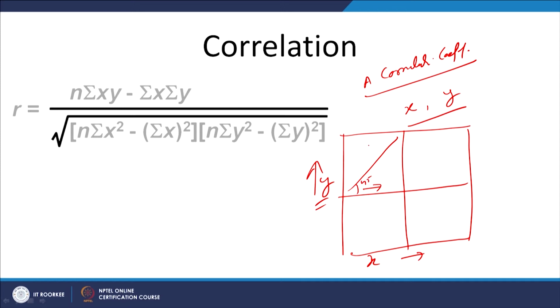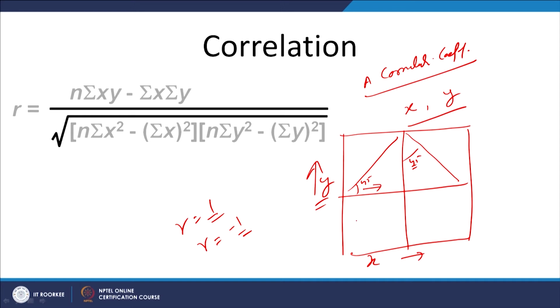When this kind of relationship exists, the correlation coefficient value r will be equal to 1. When the value of y decreases linearly in a negative way, again showing the 45 degree angle, in that case the correlation coefficient value r becomes equal to -1.